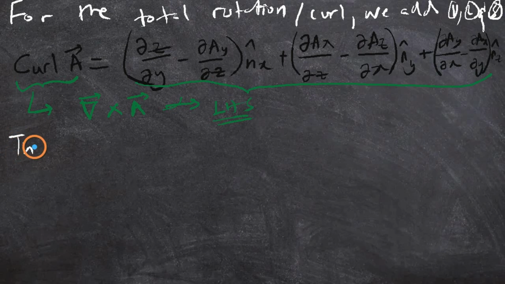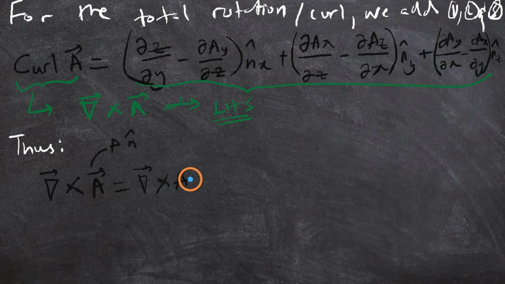Because of this, we can simply write the whole expression anew as follows. Nabla cross-producted by A, which is the curl of A, is given... I mean, we have to say something about A as a vector. We said A was a vector acting in the n hat direction, and of course we split that n hat direction into nx, ny, and nz.